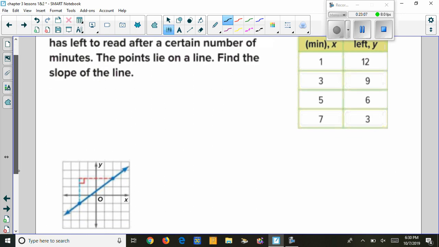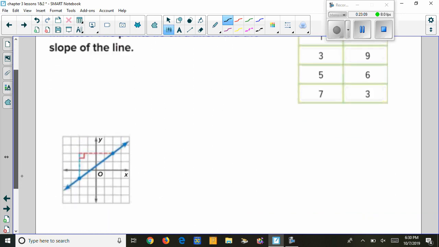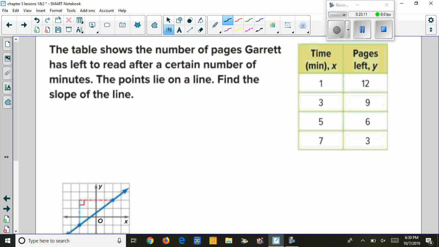We're going to look at finding slope with a few other relationships. I have a table here, and I want to figure out from this table that shows the number of pages Garrett has left to read after a certain number of minutes, so the points lie on a line, and we want to find its slope. Since I don't have a line written, my slope is going to be my rate of change.